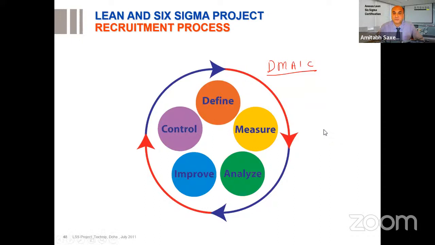In the define phase, we will define the problem statement and the goal statement. In the measure phase, we will collect the data. How are we performing?